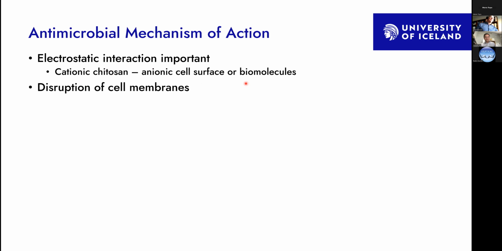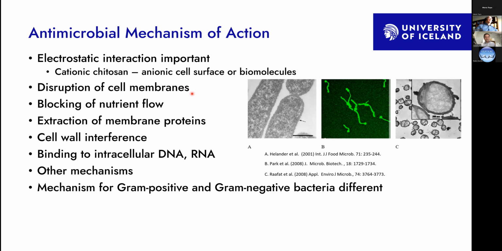Early on, already sometime in the 80s, as far as I remember, it was reported that this can disrupt cell membranes. And that is often cited as the activity. But since then, there are a number of studies where other activities have been claimed, for example, blocking of nutrient flow, extraction of membrane proteins to disrupt the cell wall, and binding of intracellular DNA and RNA.